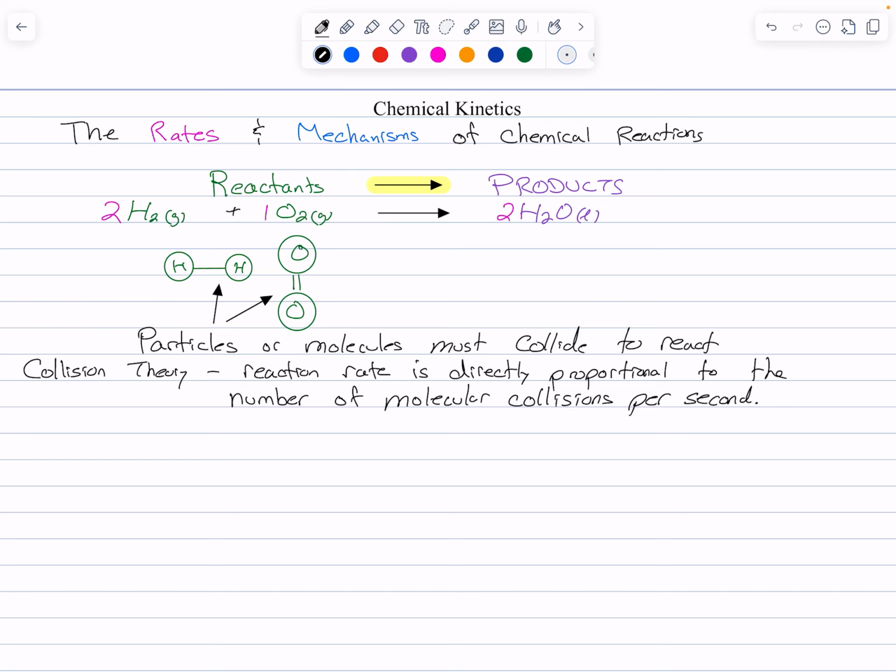Now, there's something called an effective collision. All right? And this is one that results in a reaction.